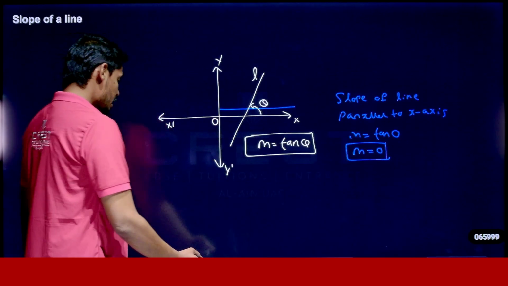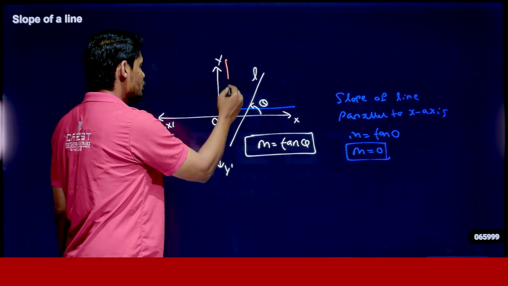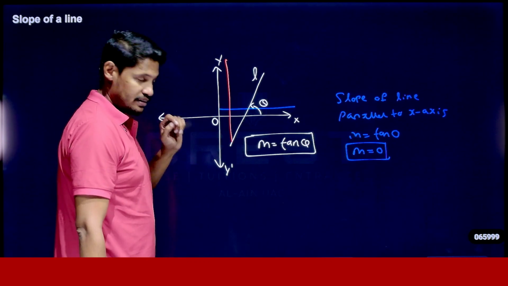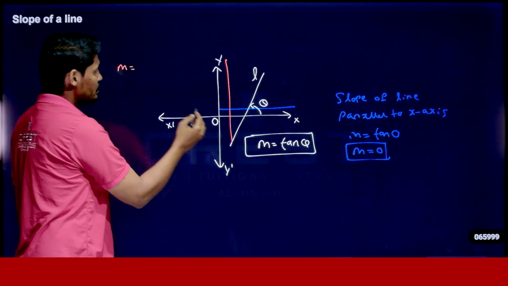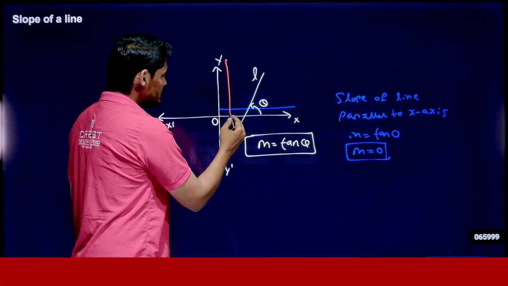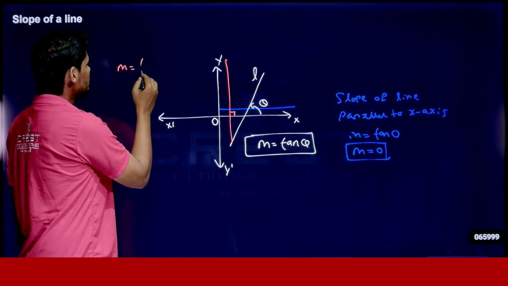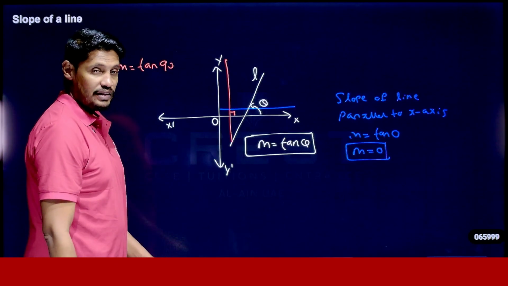And we have another line, a line which is parallel to the y-axis. What is the slope of this red line? The equation is the same, m equals tan theta. We know that the x-axis and y-axis make 90 degrees, so m equals tan 90, and we know tan 90 is undefined.